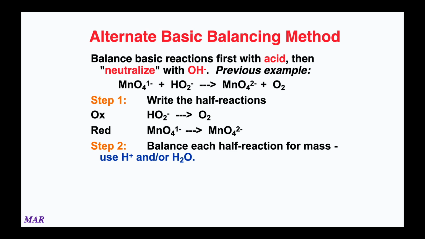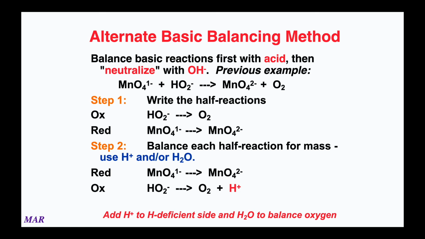Now, the second reaction with permanganate doesn't need anything. But in the oxidizing part, at first we had, I think it was, hydroxide on the one side and then water on the other, and it's really confusing. Well, with acid, it's easy. All right. The oxidized part there, you'd already have 2 oxygens on each side. An extra H is on the left, so we'd add an H plus to the right, to the product side.